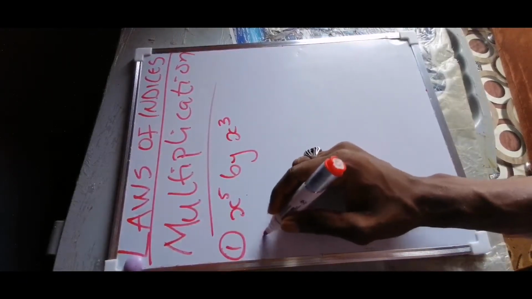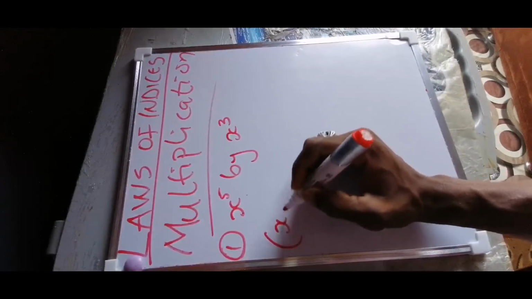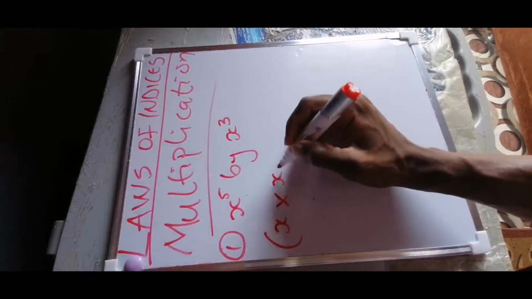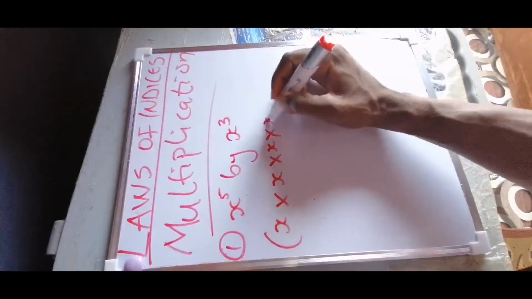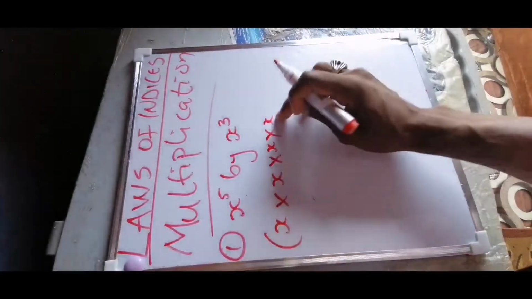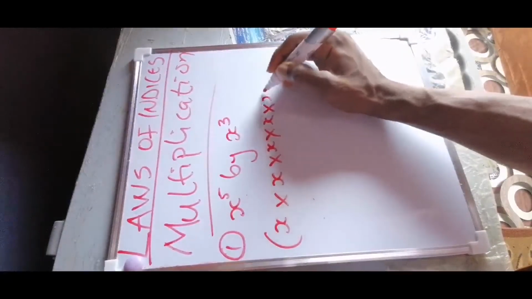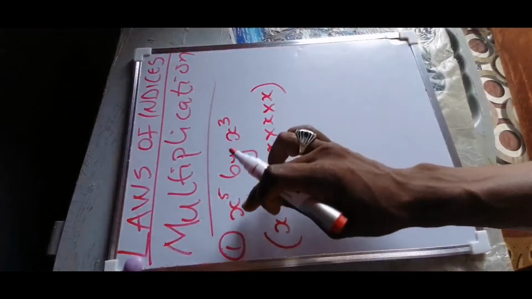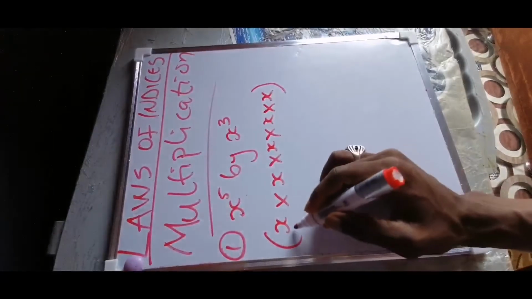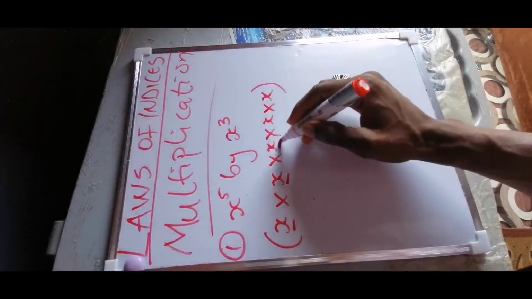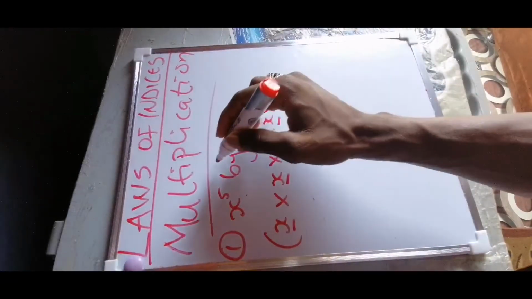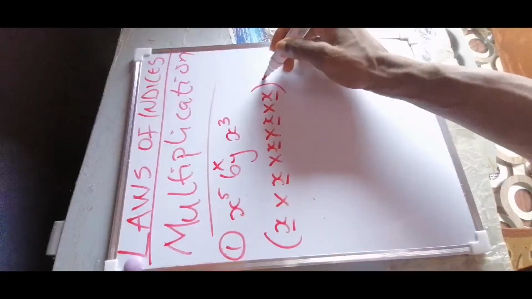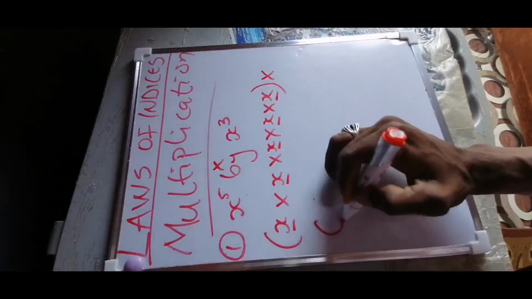So we are going to open our first bracket: x times x times x times x, 1, 2, 3, 4, remain 1 x, then times the last x. So here we have x raised to the power of 5, 1, 2, 3, 4, 5 x's. Then by is the same thing as times, so again open a bracket.